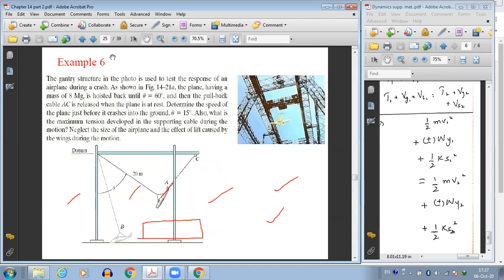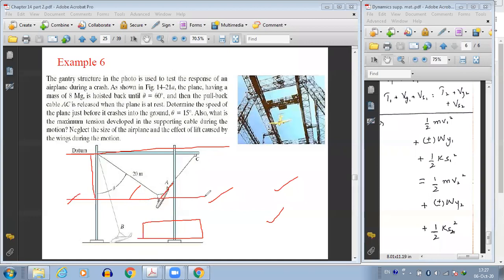When we're talking about the distance y, you see here, this is our datum. Distance y will be the vertical distance of point A. Now, if this is 20 meters and this angle is 60 degrees, it will be 20 cos 60. This will be y1. Is it clear?